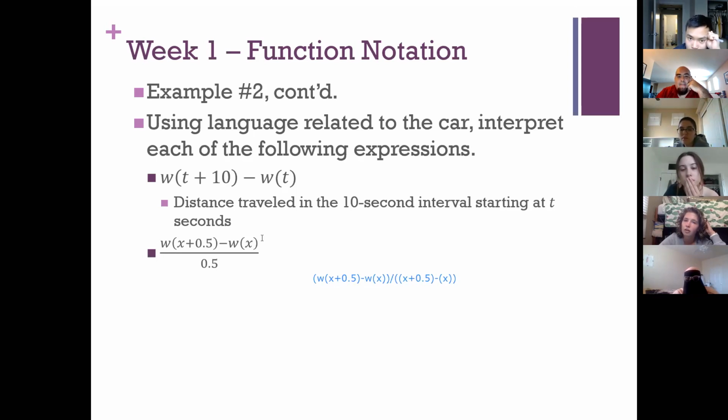A change in what? Distance. Change in distance. And the denominator is a change in what? Time. So change in distance over change in time gives me what? Speed. Yeah, the reason I'm dividing this by 0.5 is I'm looking for an average speed.